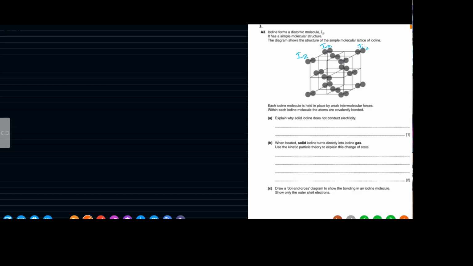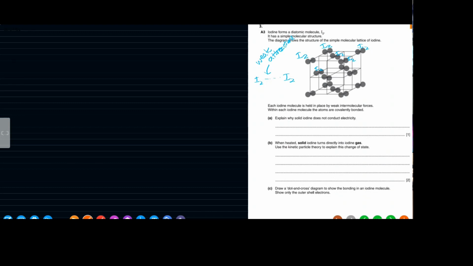Since they are isolated molecules, between two molecules there are no strong bonds. Whether it's solid or not, you have only weak attractions. Simple molecular means weak intermolecular attractions.